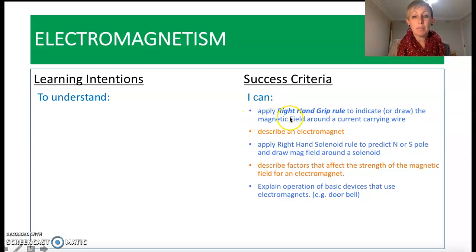So I can apply the right hand grip rule to indicate or draw the magnetic field around a current carrying wire. What that means is if a wire is carrying a current in a particular direction, we have a magnetic field forming around that wire. Magnetic fields have a direction, and you're asked to label that direction using arrows.